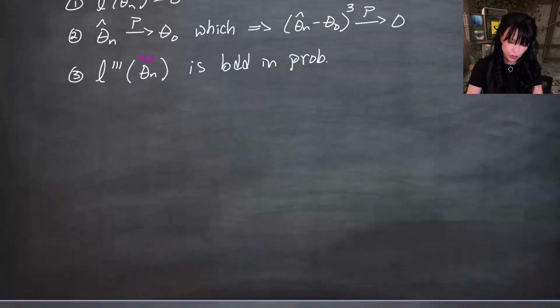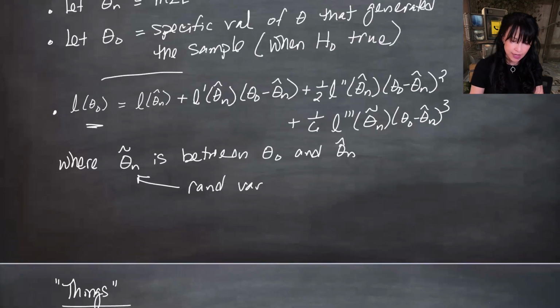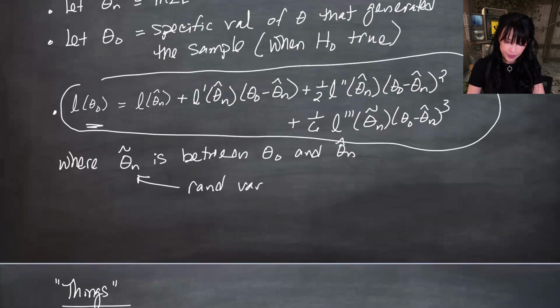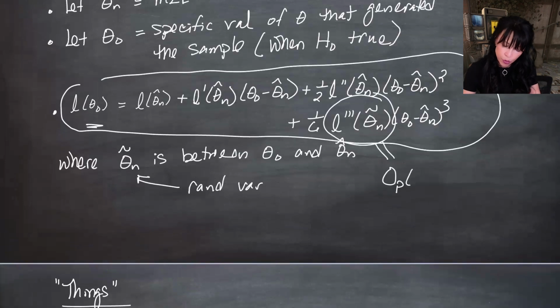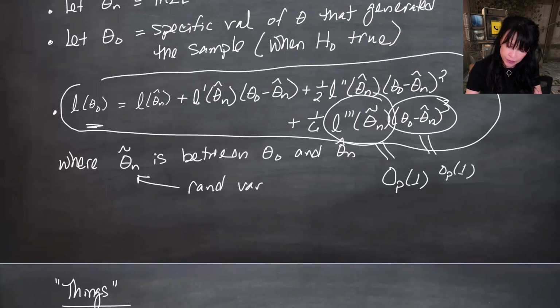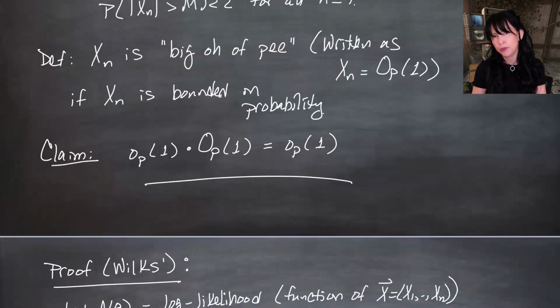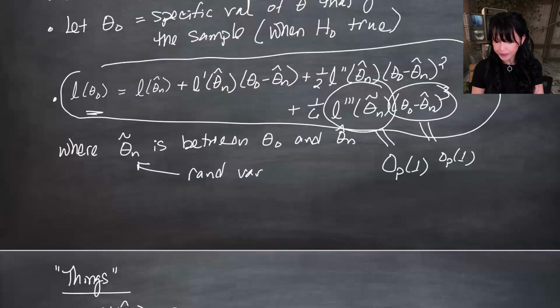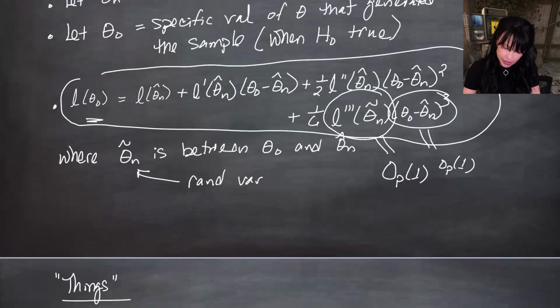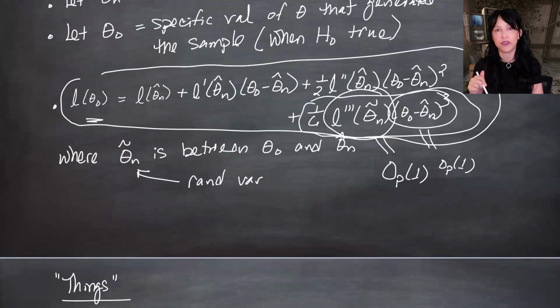Okay, so going back to my Taylor polynomial and plugging in the 0 and the fact that this is bounded in probability, so this is a big OP of one term, and this is going to 0 in probability, so this is a little OP of one term. And I already claimed that when you multiply such terms, you get a little OP of one term. So this entire thing is going to be little OP of 1. It's not hard to convince yourself that multiplying by a constant is not going to change that.